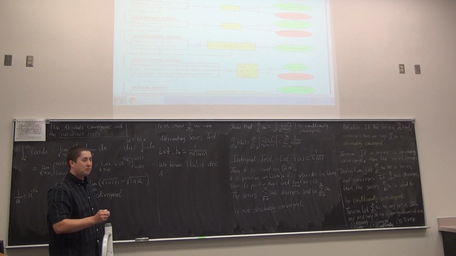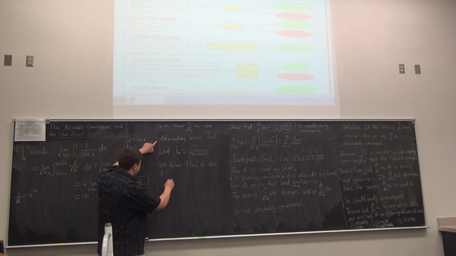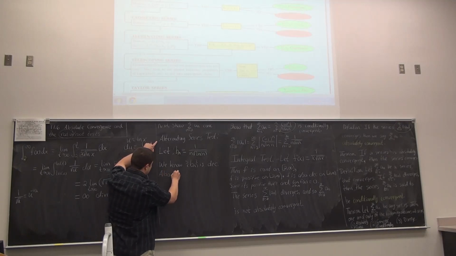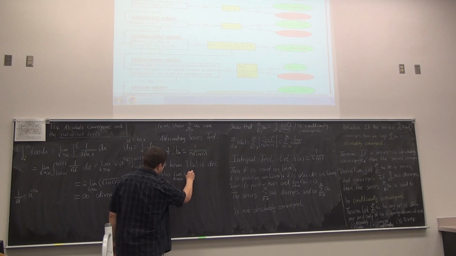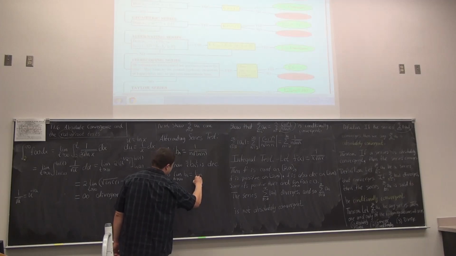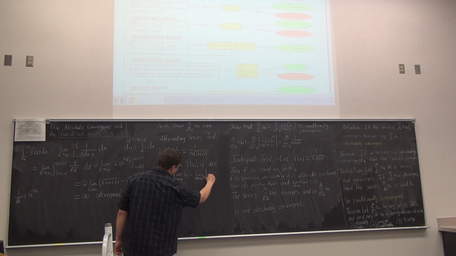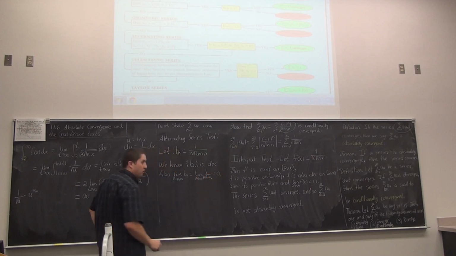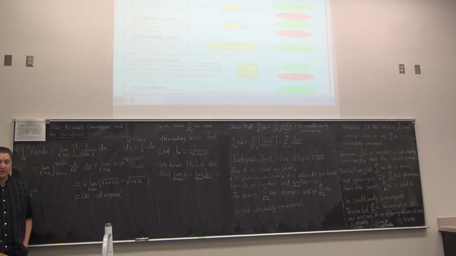Which means the limit is also going to 0, which is a conditional. Exactly, yeah. So the last part in this alternating series test is to take the limit as n goes to infinity of b sub n, but that would be the limit of all of this. Like you said, that limit is 0, and root natural log of n comes out at 0, and that's actually good in this test. We've been programming ourselves to say if the limit is equal to 0 in the test for divergence, then that's a yes for the limit is 0.